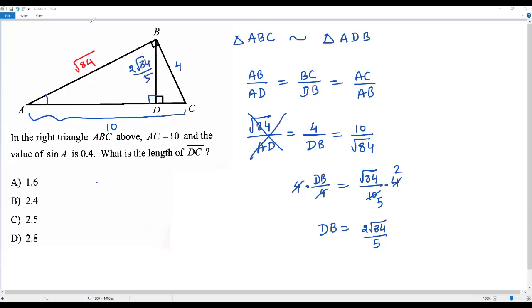Now let's consider the right triangle we have over here, BDC. In this right triangle, we know the length of the hypotenuse, the side opposite to the right angle, and also I know the length of one of the legs, BD. So using the Pythagorean theorem, you'll be able to get the length of the other leg DC. Let me erase this stuff and continue the problem.